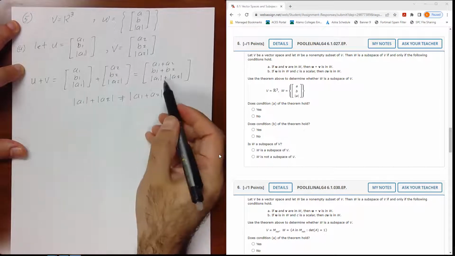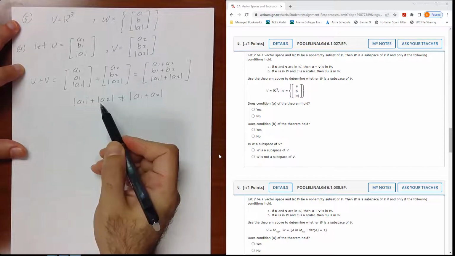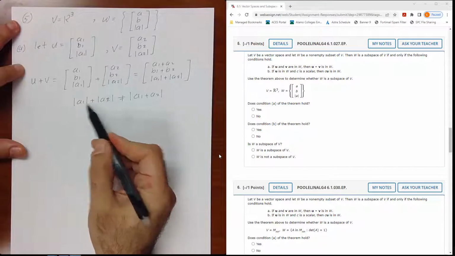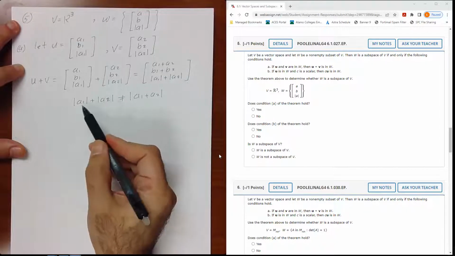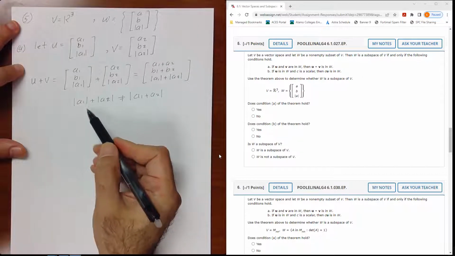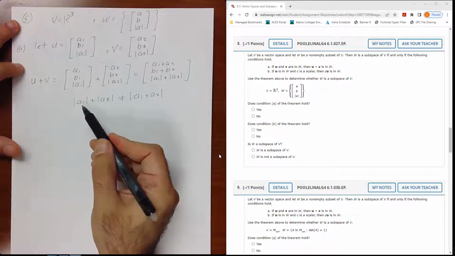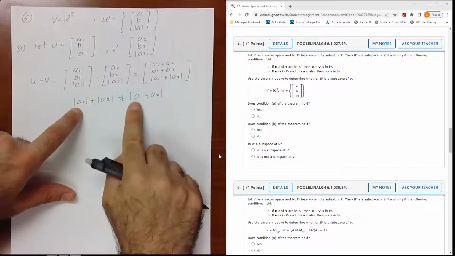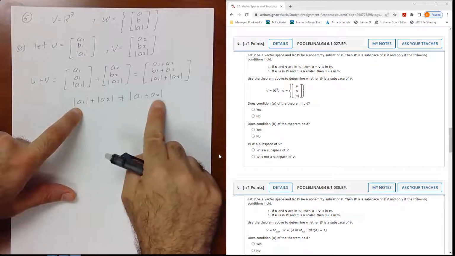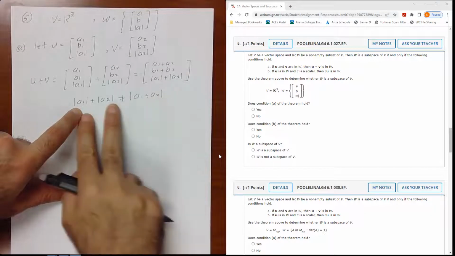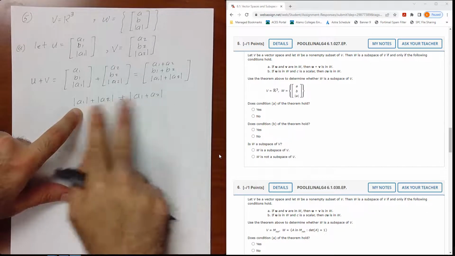Even if you check numbers, like a negative number here, both are going to be positive. So like -1 and -1, the result is going to be 2. If you take -3 here and 1 here, it's going to be 3 plus 1, which is 4. But if you say -3 plus 1, it's going to be -2. The absolute value of -2 is 2, so these two values are not equal.